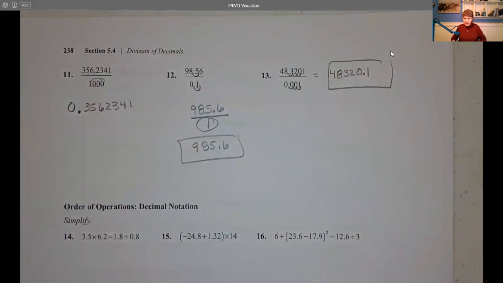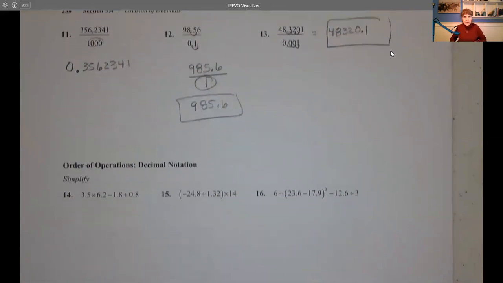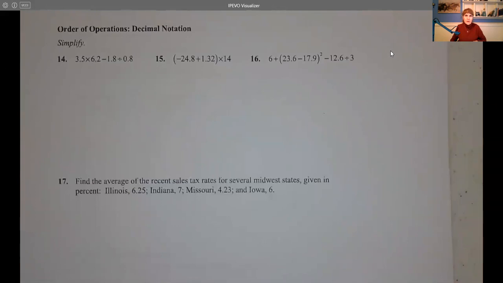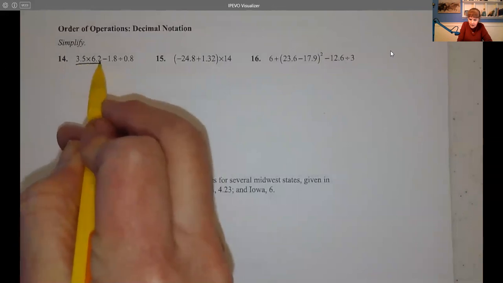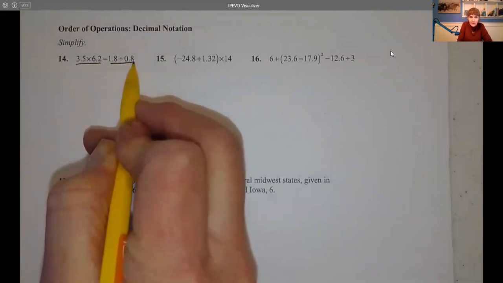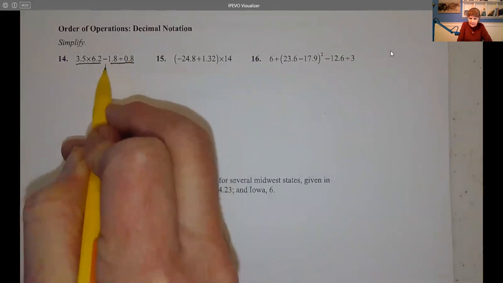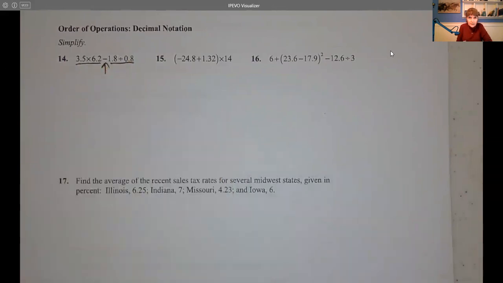All right, on something like this, on 14, they want you to practice your order of operations. Again, I would probably use a calculator. It tells you to simplify. I would multiply and then divide, and then the last thing I would do would be to subtract them.